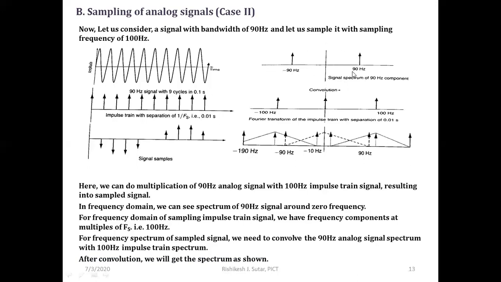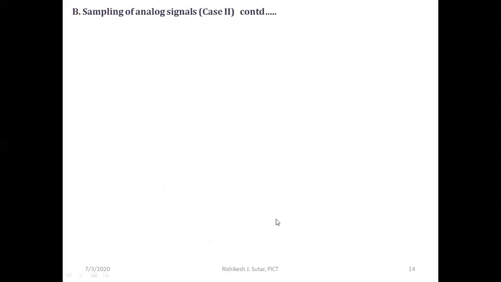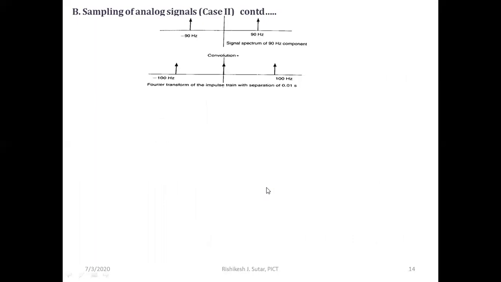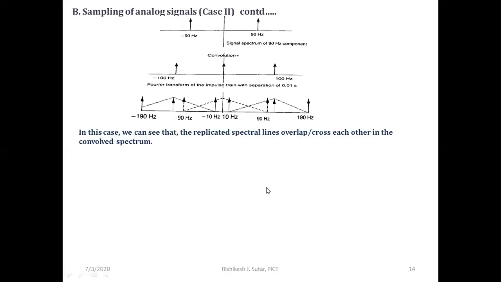Similarly, if I convolve this analog signal spectrum with the spectral component at 100 Hz, I will get the spectrum at 10 Hz and 190 Hz. We'll just bring back these spectrums for our ready reference.